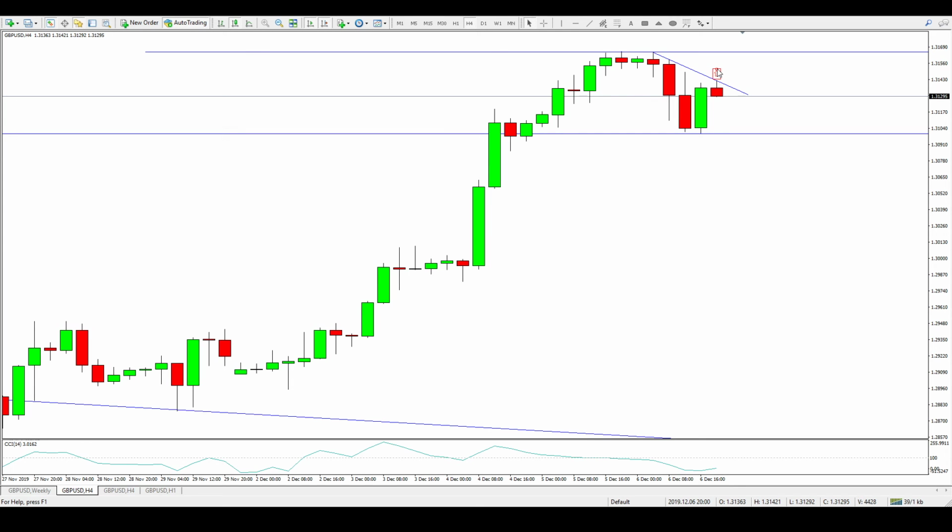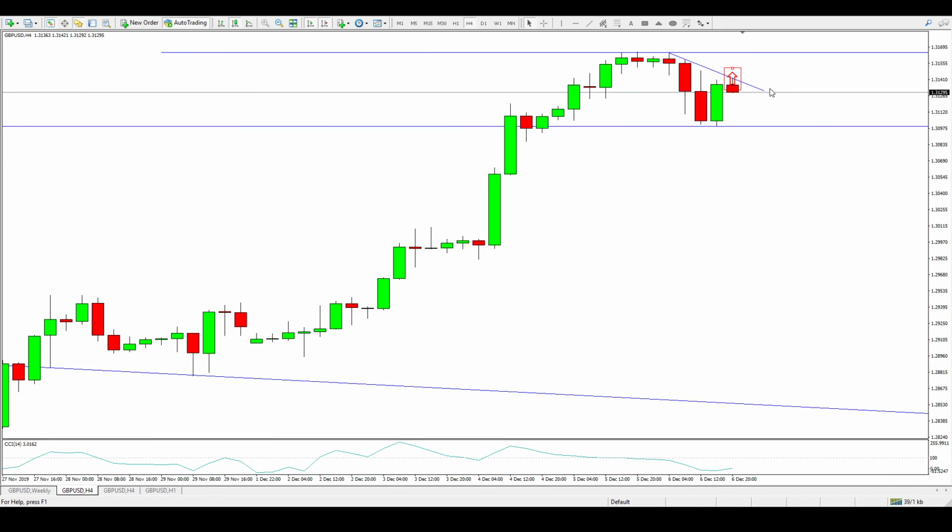So I will be a buyer above this zone right here. Right above this trend line, I will be a buyer.